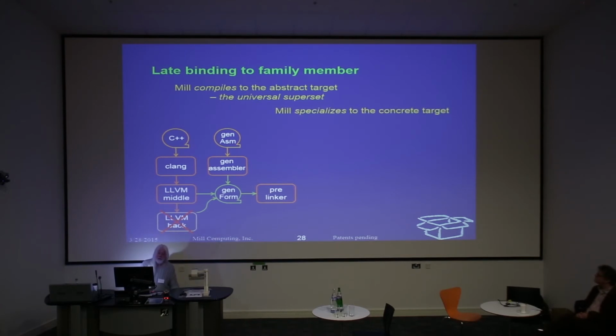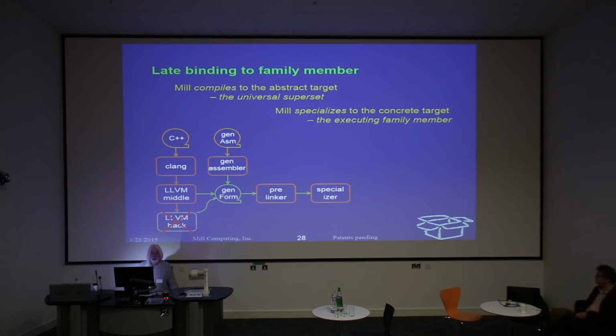Then, from that link step, we specialize to the concrete target. Everything that you see on the slide at this point does not know what the target machine has. It doesn't know if it has floating point. It does not know how many ALUs it has. It does not know what the concrete target is. So at the point where we do know what it is, we've got the executing family member, and the tool there is called the specializer.